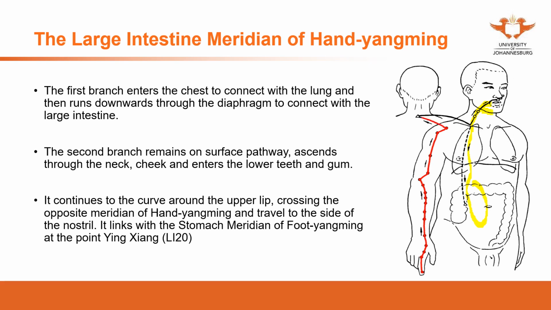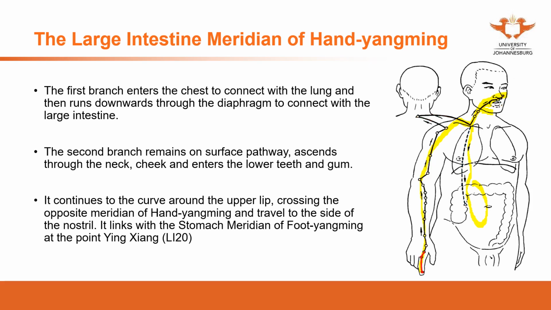The lower part of the teeth and gum, it continues to curve around the upper lip, crossing the opposite meridian of hand Yangming, and travels to the side of the nostril. So this meridian travels from one side on the surface pathway, goes all the way up to the face and then ends at the other side of the nose.